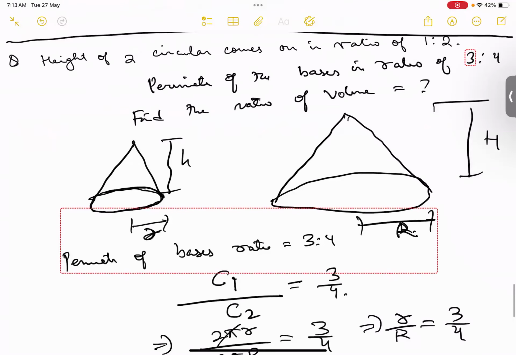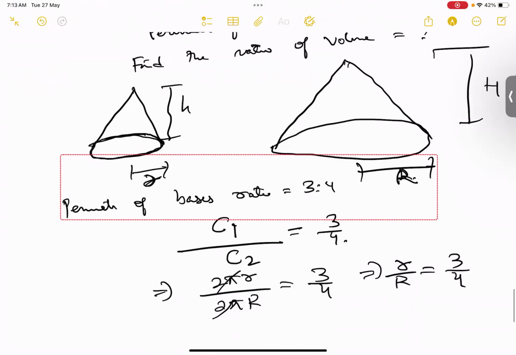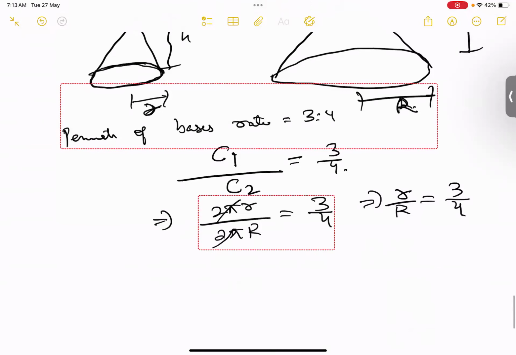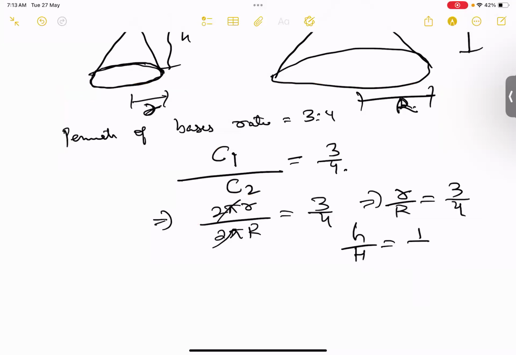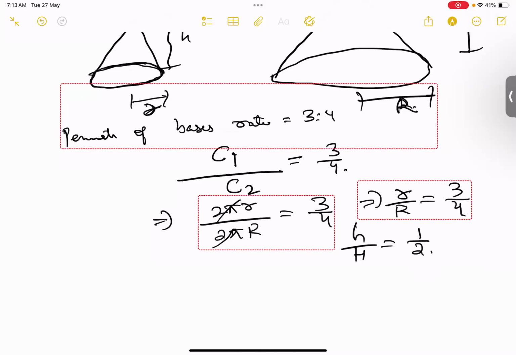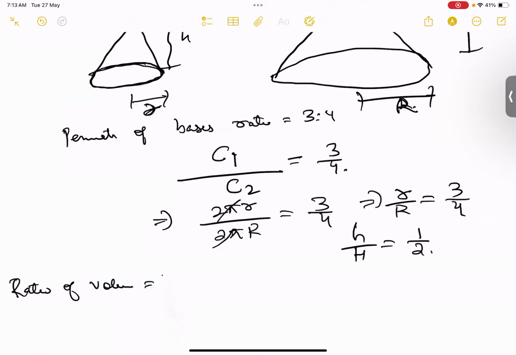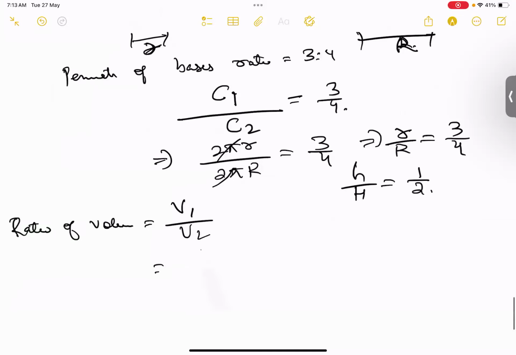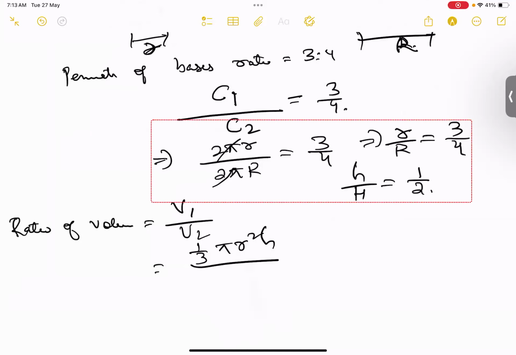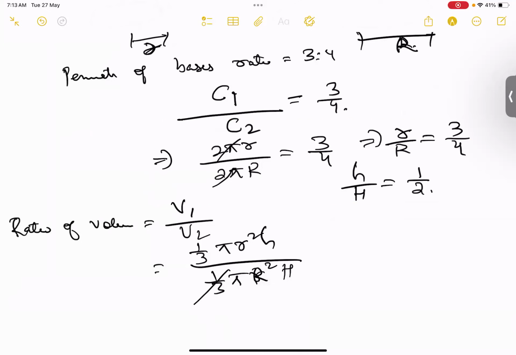And the height of the two cones is given as 1:2, which means the ratio of the height is equal to 1/2. Now, ratio of volumes is equal to small volume by big volume. So 1/3 pi r square h by 1/3 pi R square H. 1/3 cancels, pi and pi also you can cancel.